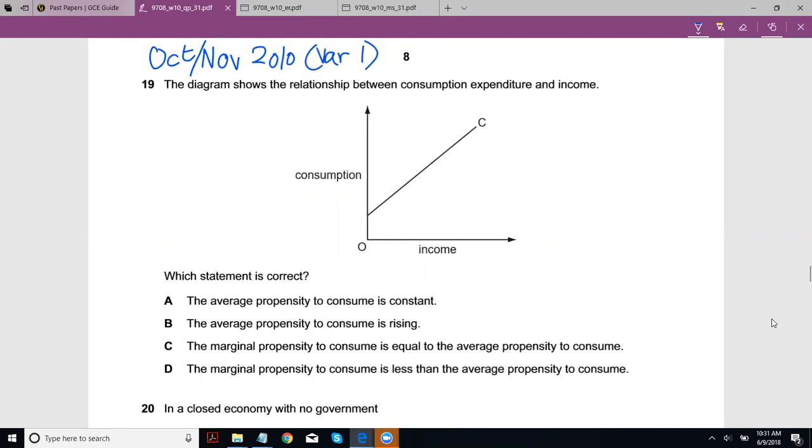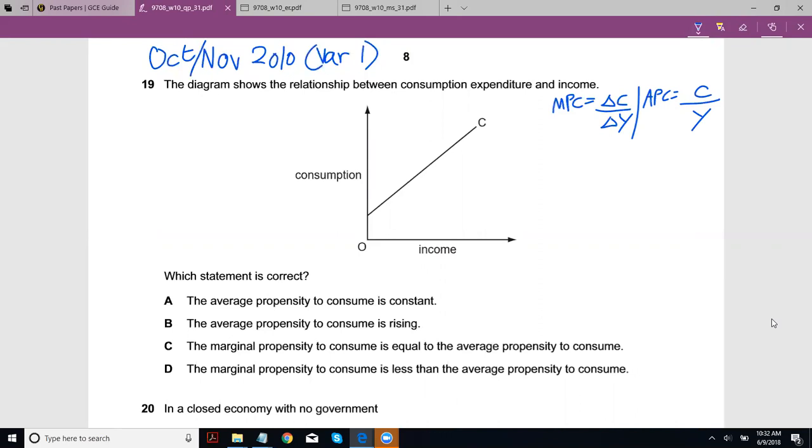So, as we all should know by now, your marginal propensity to consume, MPC, is your change in consumption over change in income, which I'll denote with Y, and your average propensity to consume is simply consumption over income at a particular point that you take.